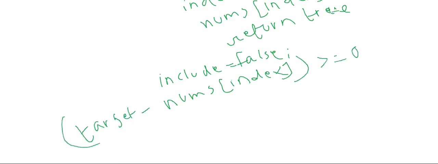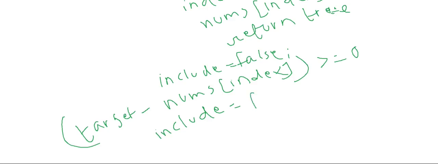Include and exclude, right? So our include is equal to false initially. And when we include the element, we're going to subtract it: target minus nums of index, right? When this is greater than or equal to 0, then only are you going to make a recursive call, okay? If it's less than 0, then don't bother. Just have include as false because there is no way we can make target 0.